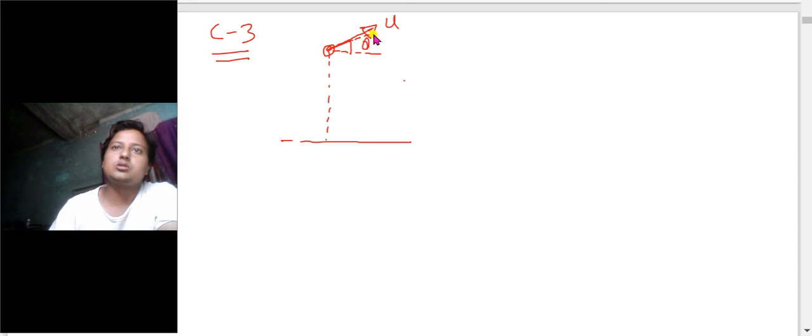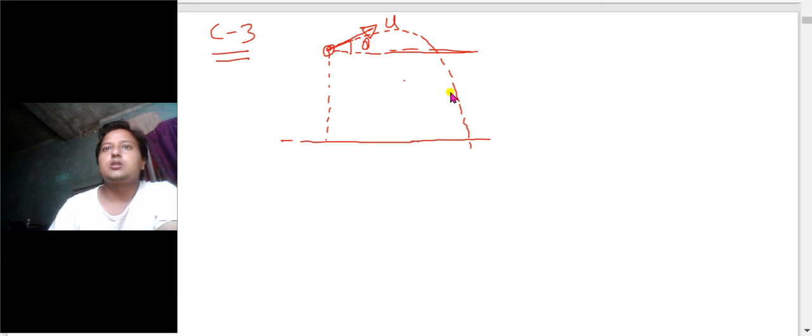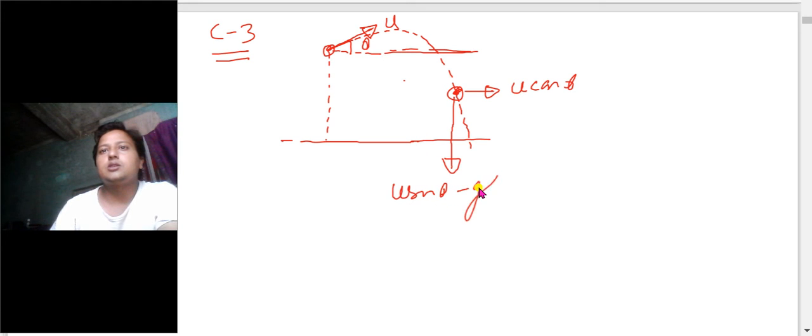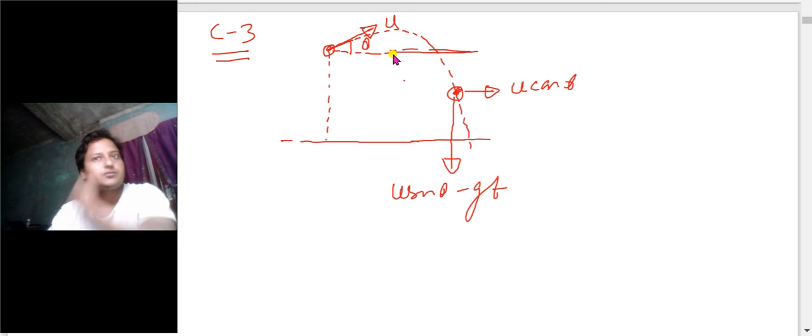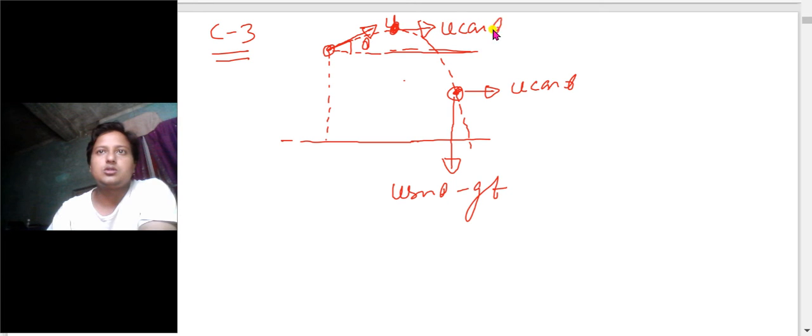So the body goes like this, and at any time t we have a horizontal speed u cos theta, and the vertical speed is u sin theta minus gt. Here the speed is minimum because the component is only horizontal, u cos theta. The vertical speed is 0.